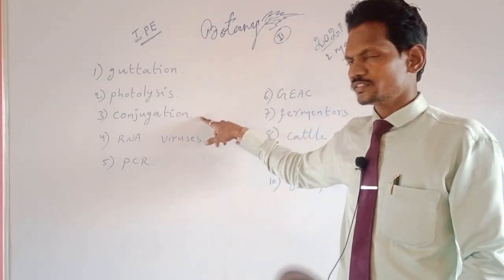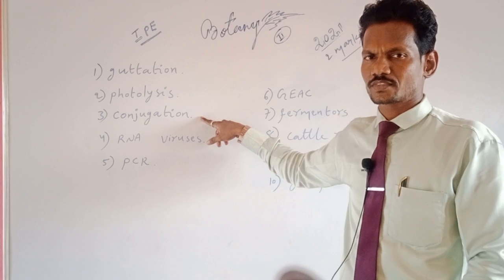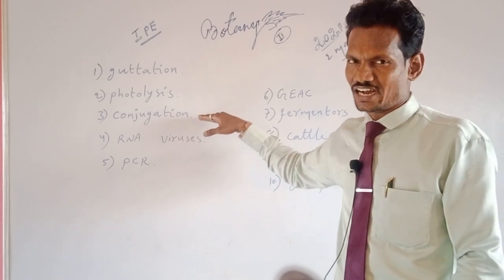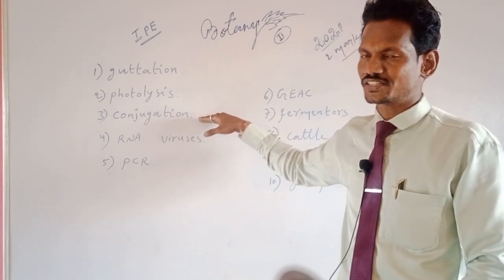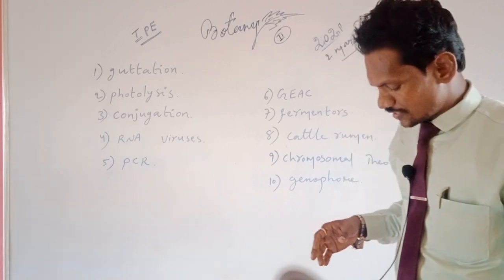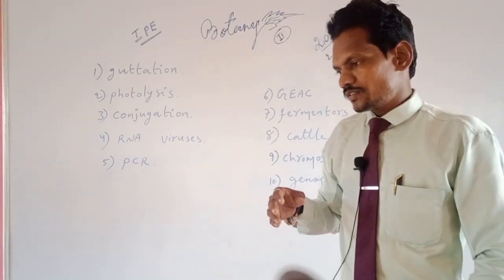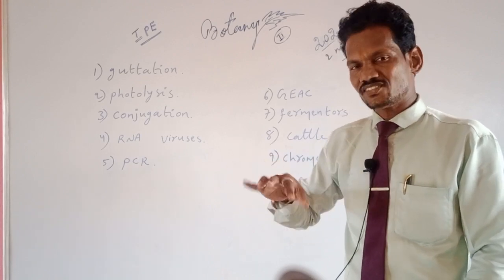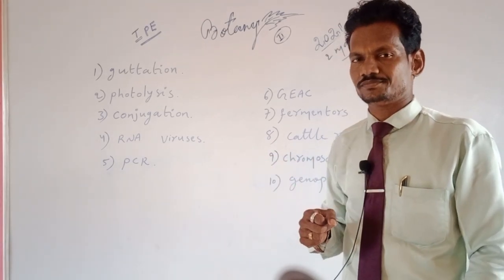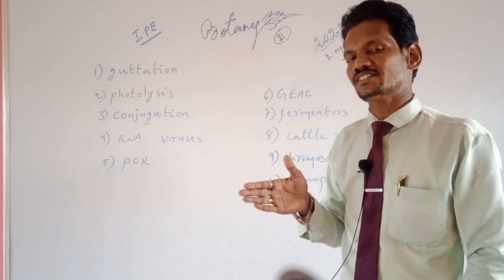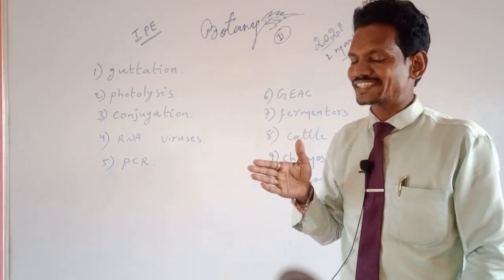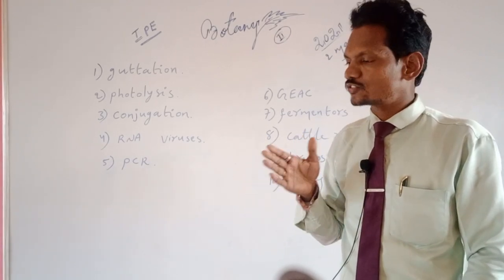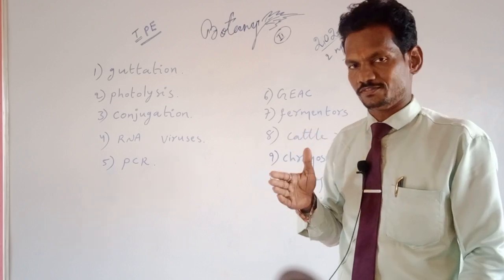Third one, conjugation. From the bacteria lesson this question is raised. Conjugation is nothing but two bacterial cells exchanging their genetic material through direct contact, through the sex pilus or conjugation tube.